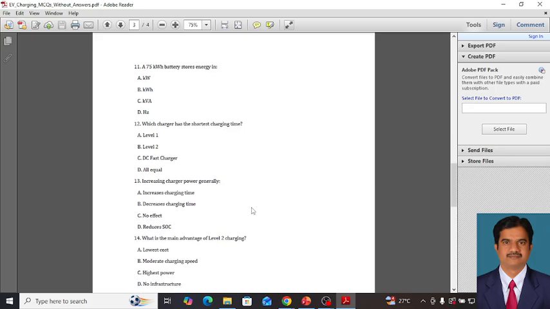Next question. A 75 kilowatt hour battery stores energy in kilowatt, kilowatt hour, kVA, hertz. 12th, which charger has the shortest charging time? Level 1, level 2, DC fast charger, all are equal.